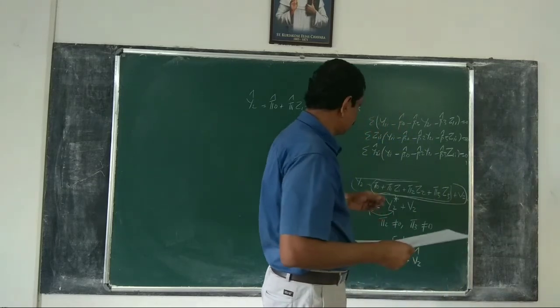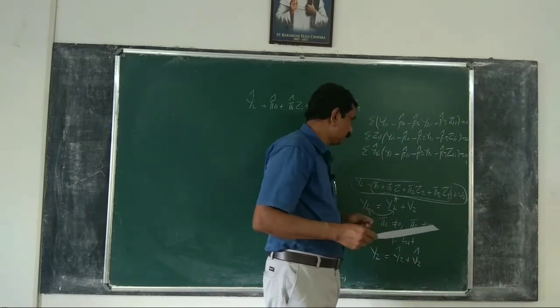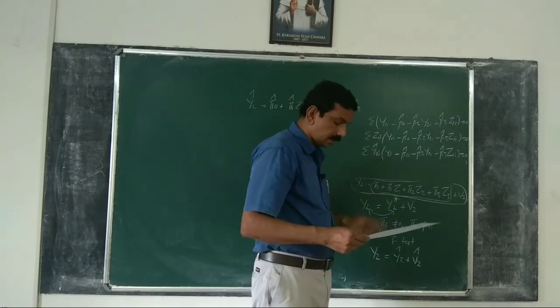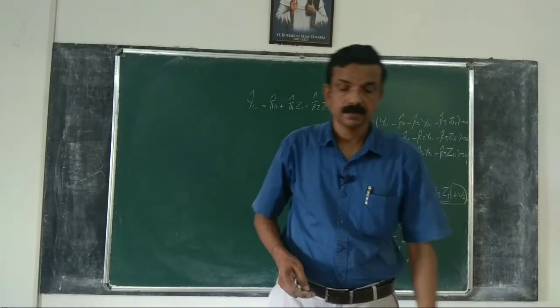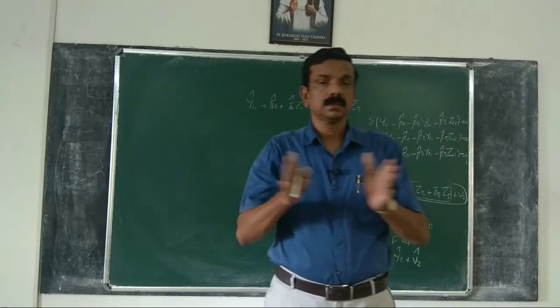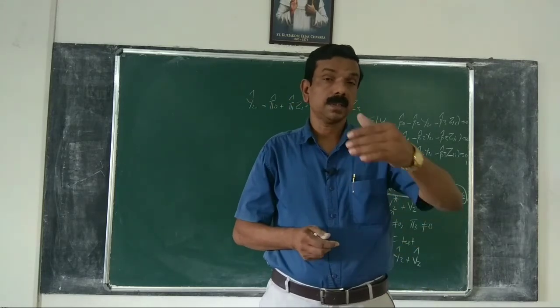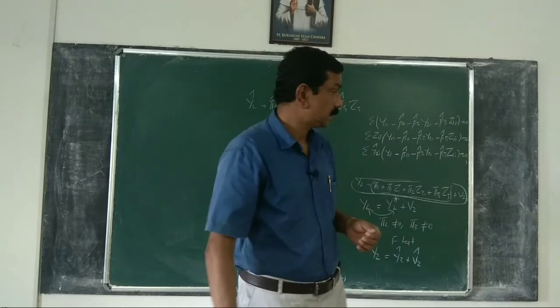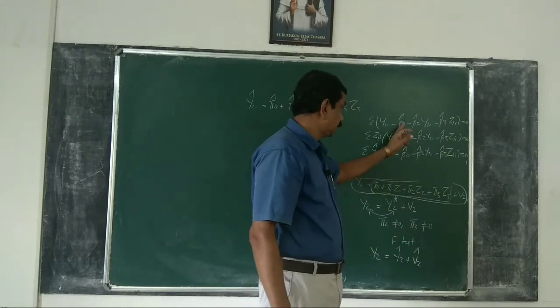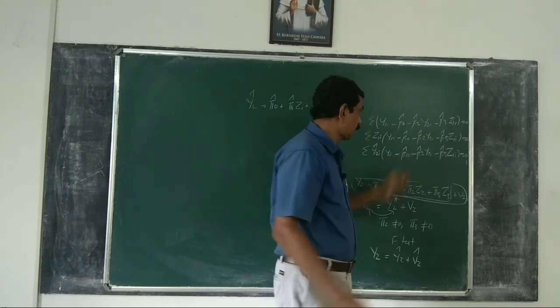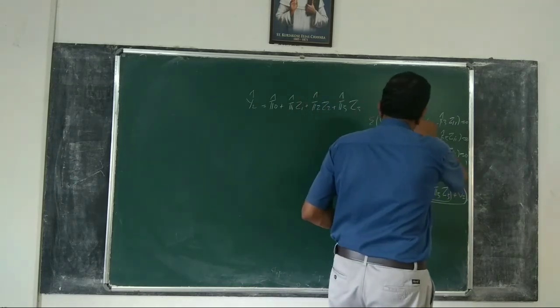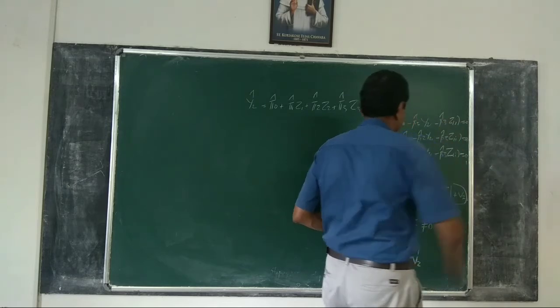So instead of using y2, we use y hat 2, and solving this you will obtain the instrumental variable estimators of beta hat 0, beta 2 hat and beta 3 hat.